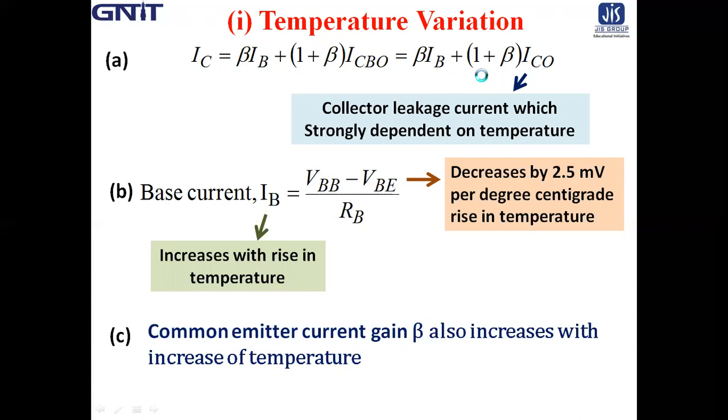Here ICBO is abbreviated as ICO. Now the collector leakage current ICO is strongly dependent on temperature. For every 10 degrees Celsius rise in temperature, the magnitude of ICO gets doubled.